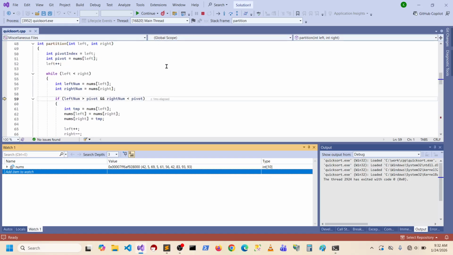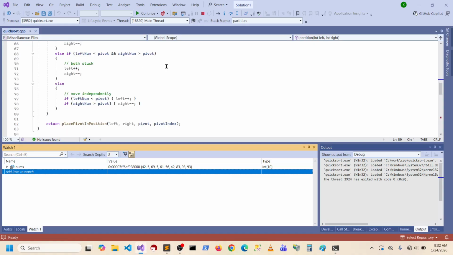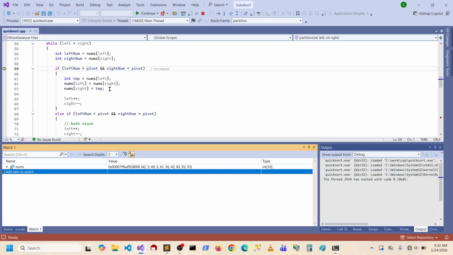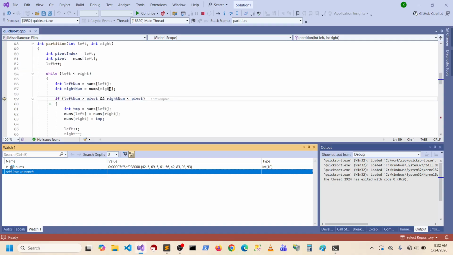So where does it have to happen though? It's not in this. I think it's in the swap logic up here. This is just normal stuff here.